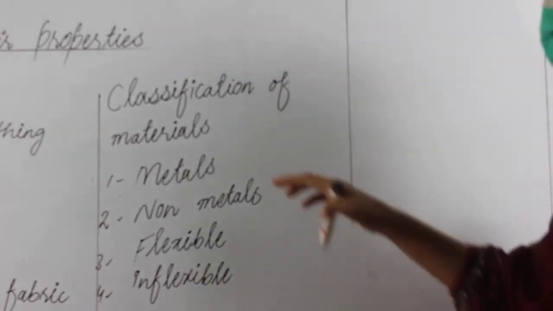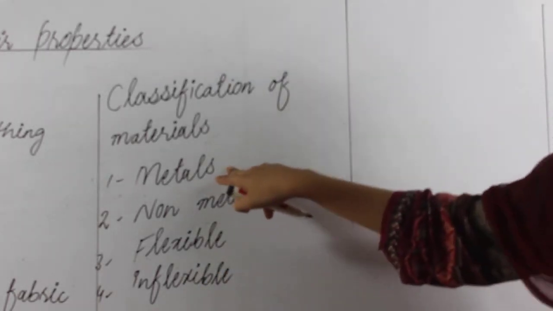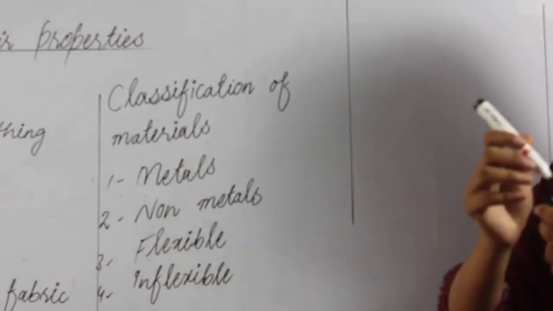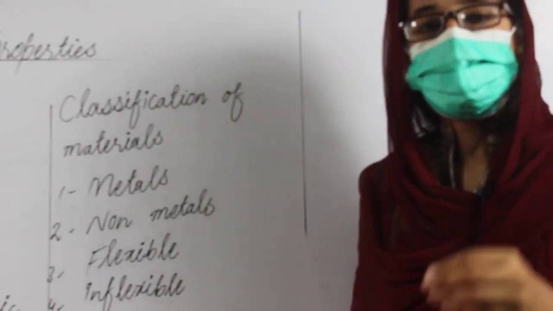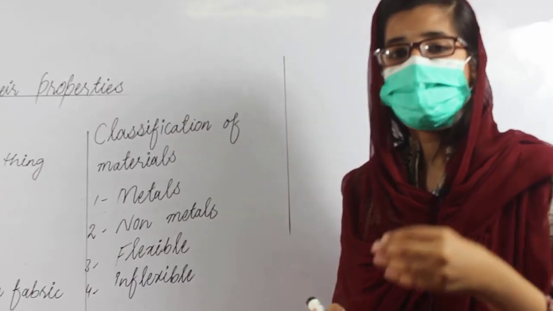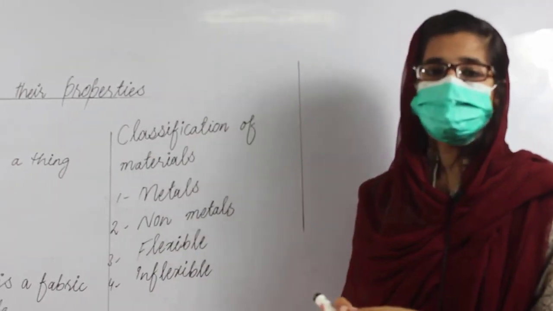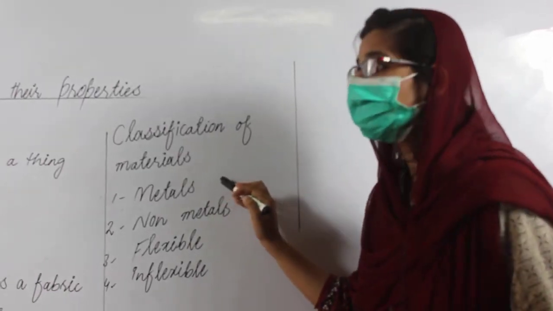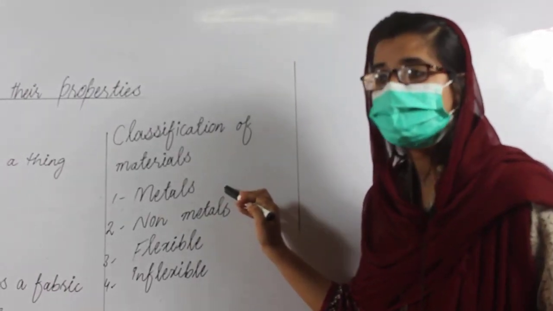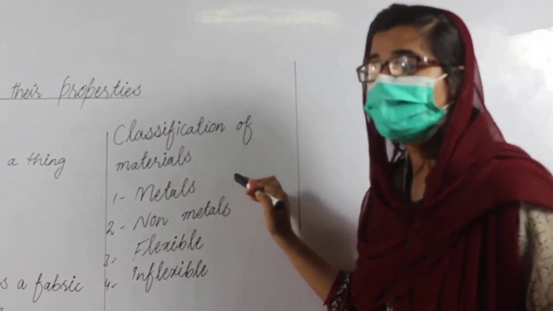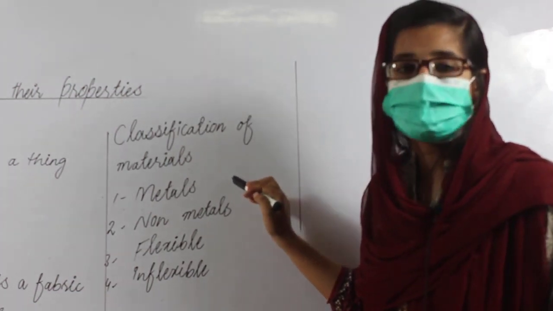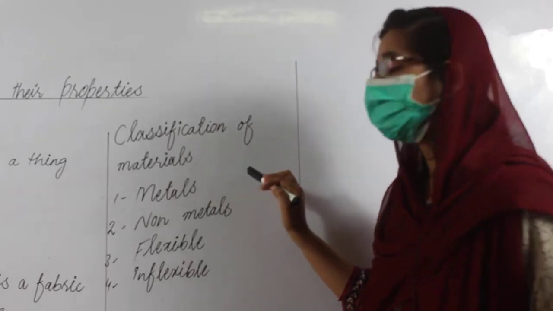Now first of all we will discuss metals. What are metals? Metals are those materials which allow electricity to pass through them. These are also called conductors. These are good conductors of heat and electricity because they allow electricity and heat to pass through them.